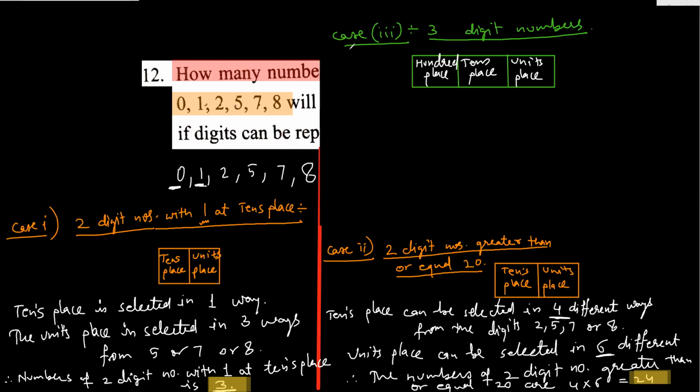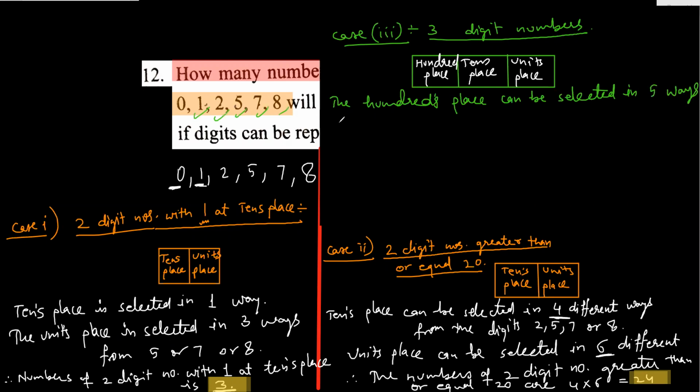So since there is a condition here, you will start working on this first. Okay, the highest priority is given. So I write here, the hundreds place can be selected in, see, 1, 2, 5, 7, and 8. 5 different ways, in 5 ways.